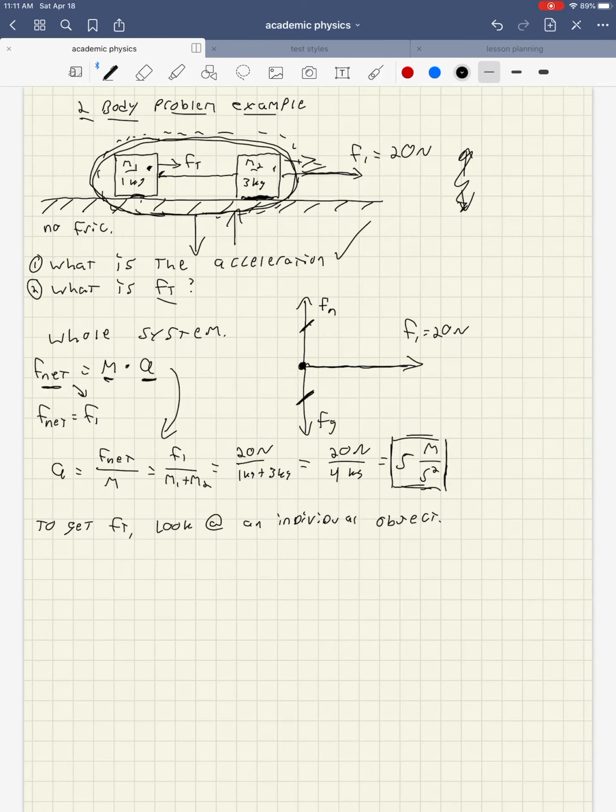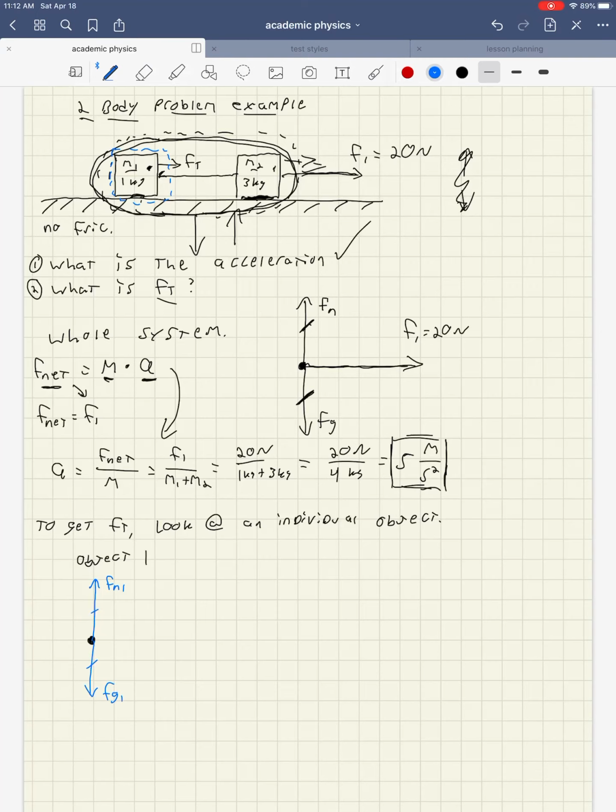Let's do object 1. Always start by drawing a free body diagram of this object. So maybe I'll do this in blue. What are the forces acting on it? Well, there's my normal force and my force of gravity.